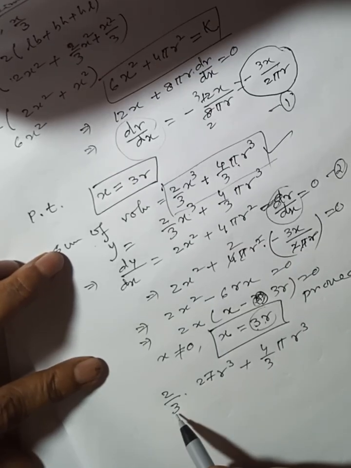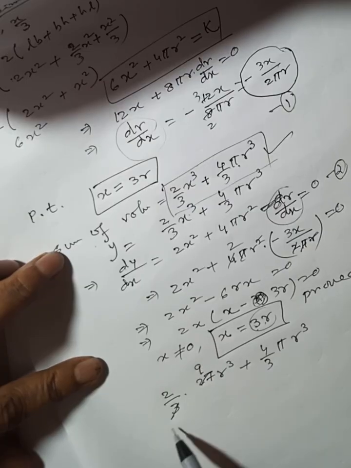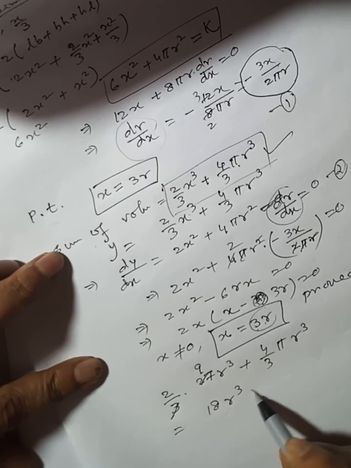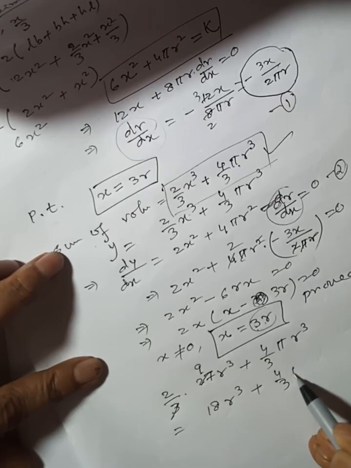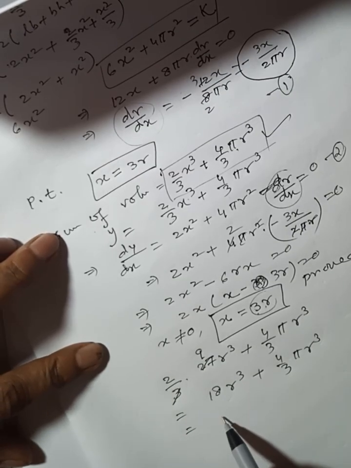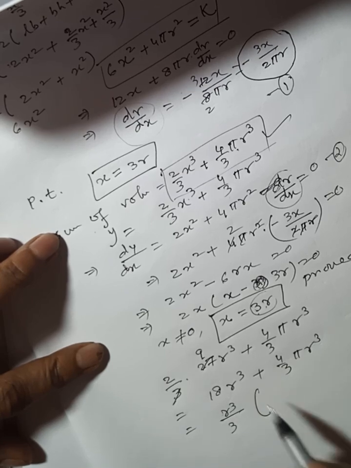Now just simplify it. We get 18r cube plus 4 by 3 pi r cube. Now we take r cube by 3 common.